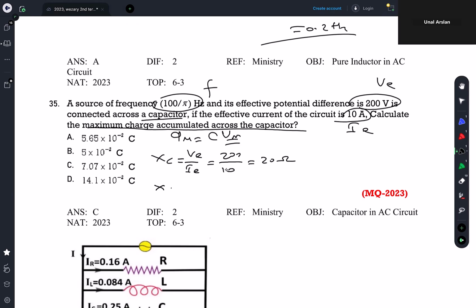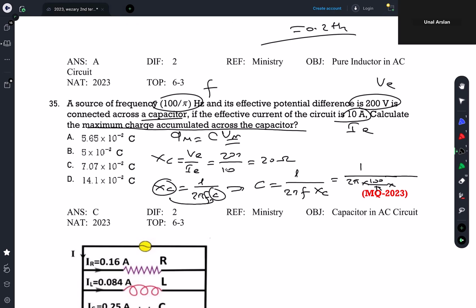Now use the XC equation to calculate C: XC is 1 over 2 pi F C. Place them: C is going to be 1 over 2 pi F XC. 1 over 2 pi F is 100 over pi, times XC is 20.